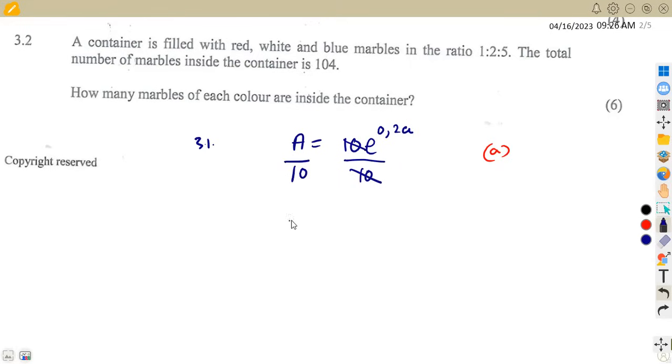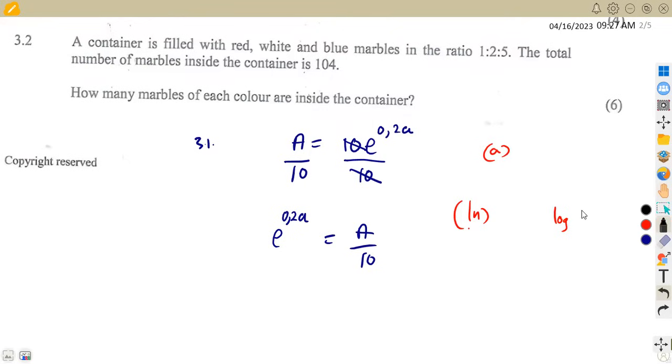So you can divide by 10, by 10. So this can cancel. A over 10 is equivalent to e to the exponent of... So which means I can even start with the e on this side. e to the exponent of 0,2a is equal to A over 10. All right. Since I have e, it's best for me to introduce ln, not a normal log, but to introduce ln.